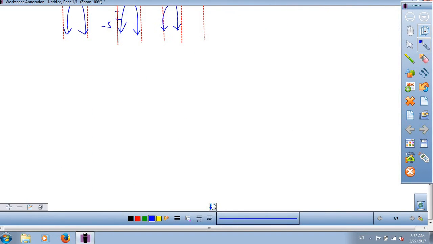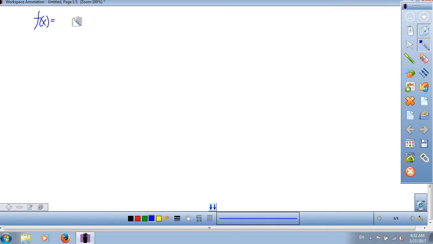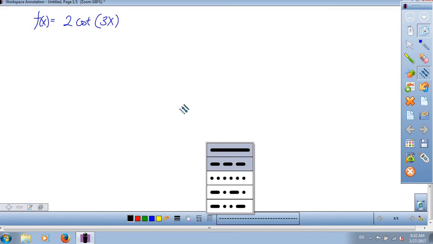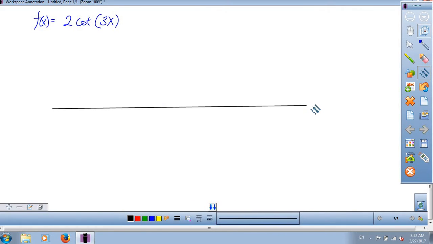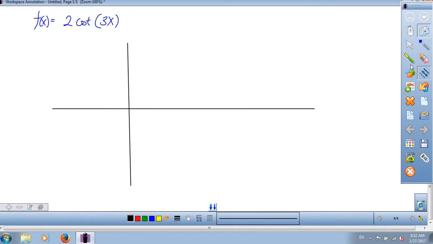Let me scroll up here. Let's do a very simple cotangent, 3x. The cotangent function follows the tangent function, but in the opposite direction.